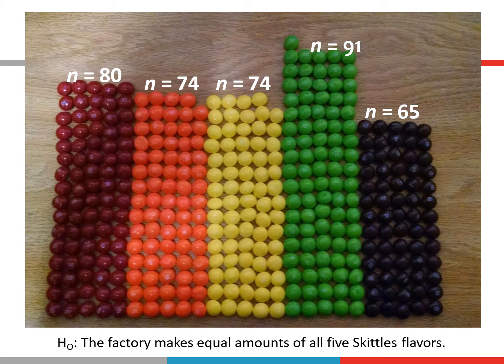Is 80 significantly different from 76.8? Well, we don't really know. What about 74? Or certainly about 91. That seems like it must be significantly different, right? So essentially that's what we're trying to test with a one-way chi-square: are the observed numbers of Skittles for each flavor different from what we would expect should they all be equal?